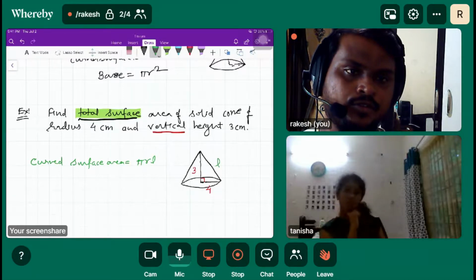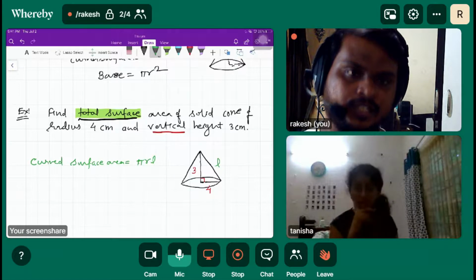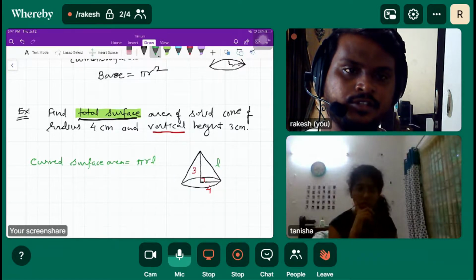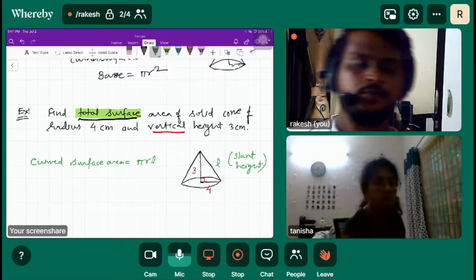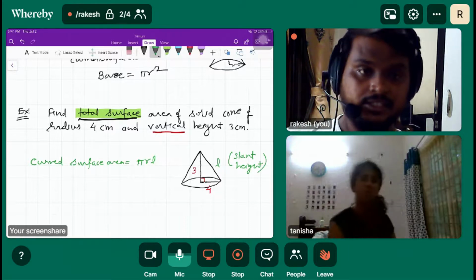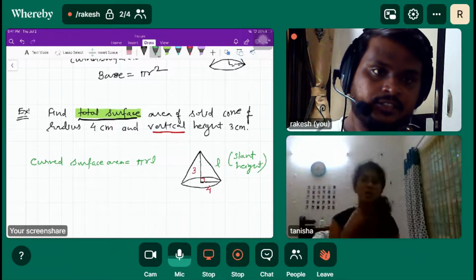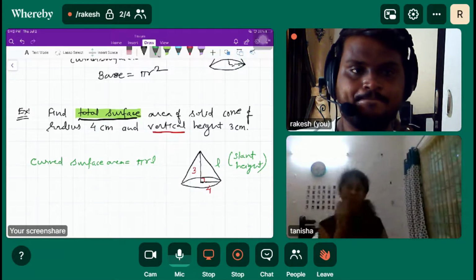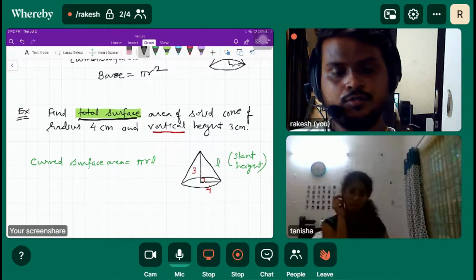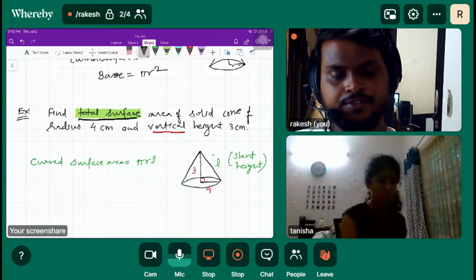So you have to find the slant length. If you observe the triangle here, it is a right angle triangle, so it will be 5. That would be 5. Very good.